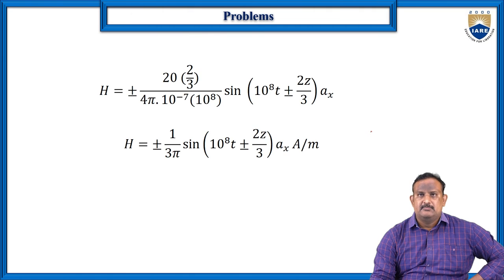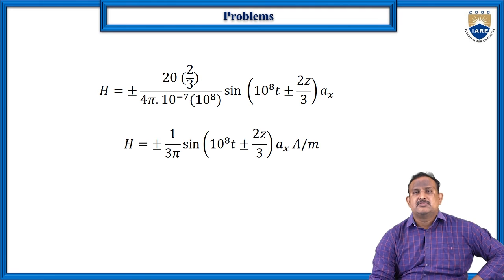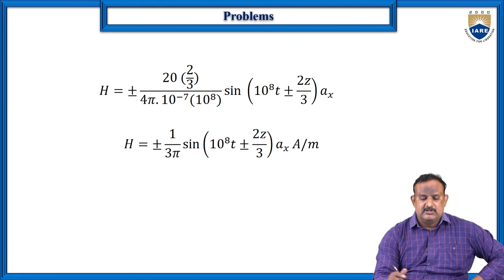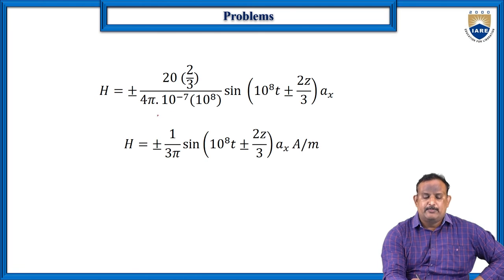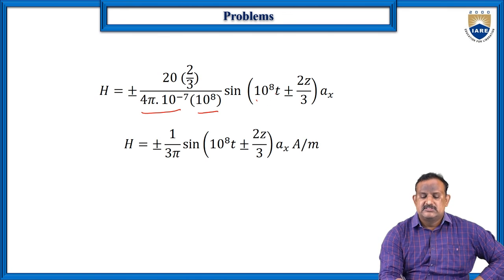Now we need to find out the magnetic field intensity value. So now the magnetic field intensity H is equal to, we need to substitute the values. So it is plus or minus 20 beta by 4 pi epsilon naught value. Mu naught is 4 pi into 10 power minus 7, into 10 power 8 into sin 10 power 8 t plus or minus beta value 2 by 3 z into ax.